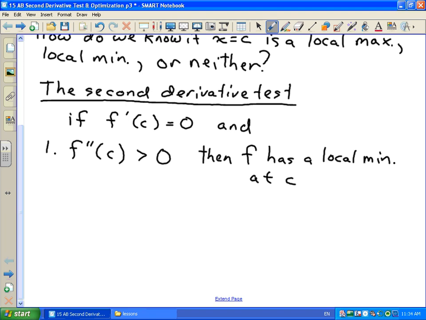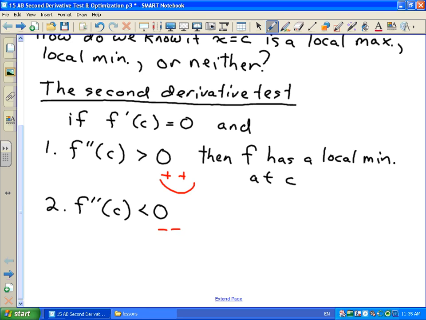Now, how do you remember this? Well, second derivative greater than 0, so second derivative positive. Curve goes like that. It's a local minimum. If, on the other hand, our second derivative is less than 0, that means it's going to be negative.